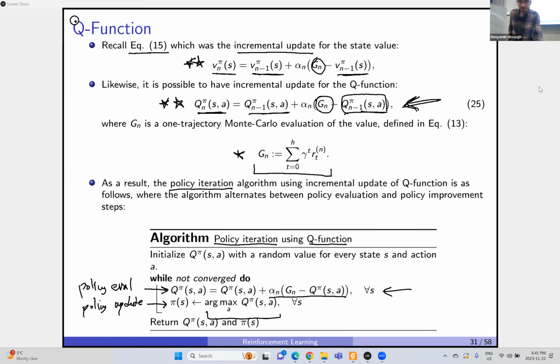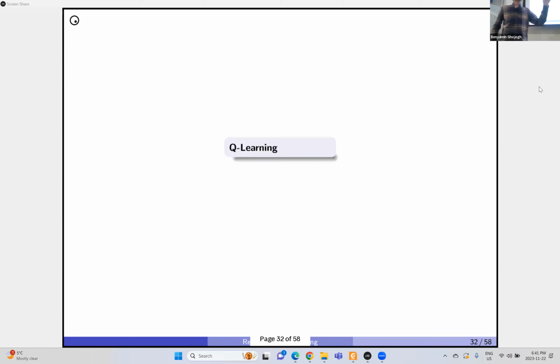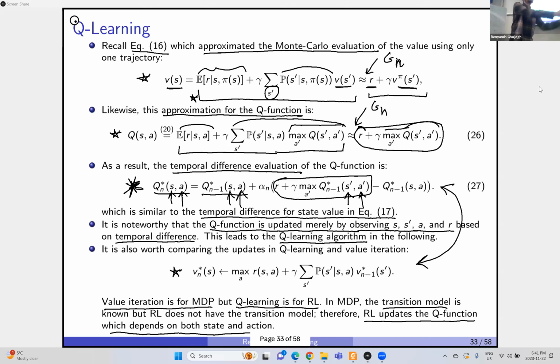Now, what did we say? Okay, so again, I repeat, whatever we have for value, we can have it for Q too, right? We had this for value V, now we can have it for Q. But we should note that here I have V, and I replace it with maximum of Q with respect to action, because value V is the maximum reward, okay?